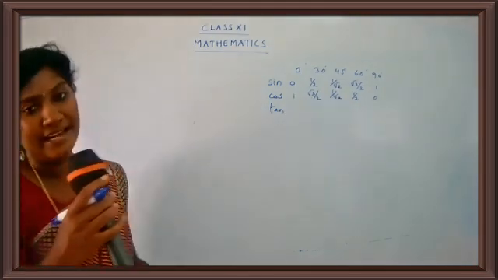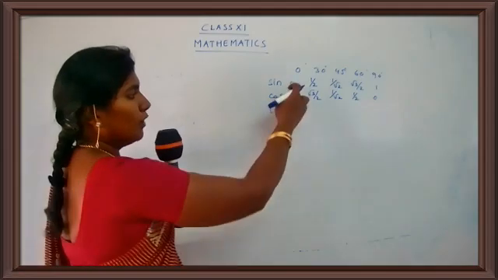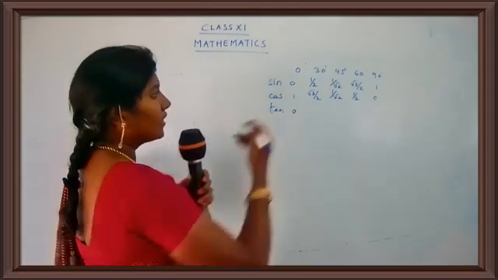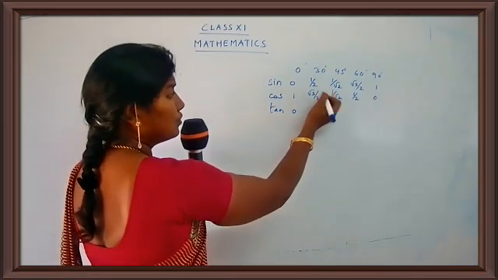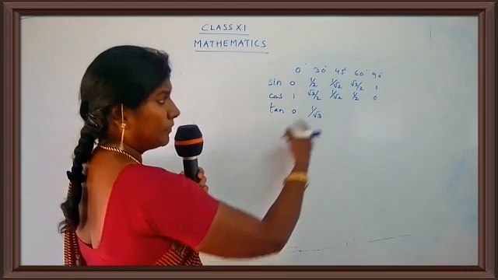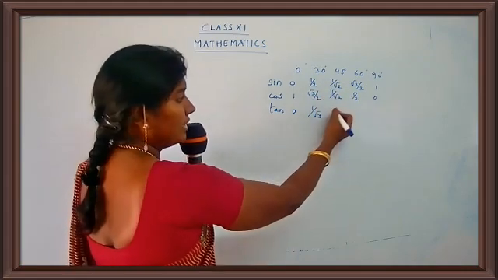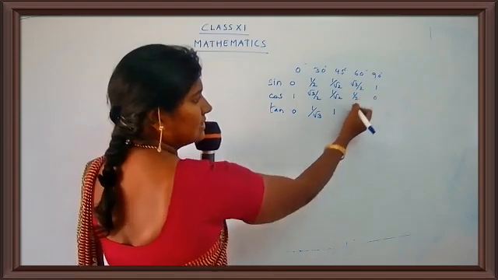Finding tan is very easy. You have to just divide sine by cos. Very simple thing. So 0 upon 1 gives you 0. Here 1 upon 2 upon root 3 by 2. So the denominators are the same, 2, 2. We can cancel 2, 2. And what is left here? 1 by root 3. 1 by root 2 upon 1 by root 2, you get here 1. Root 3 by 2 upon 1 by 2. So 2, 2 gets cancelled. And what is left here?